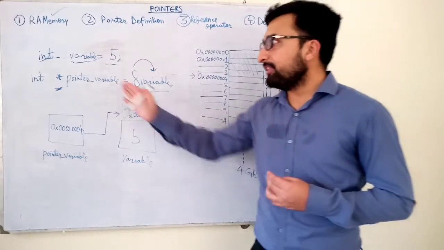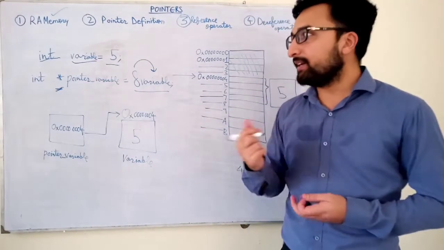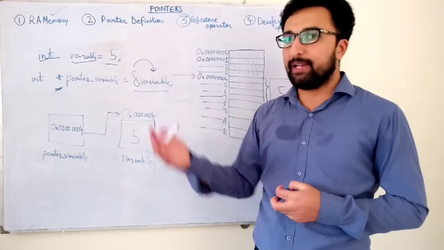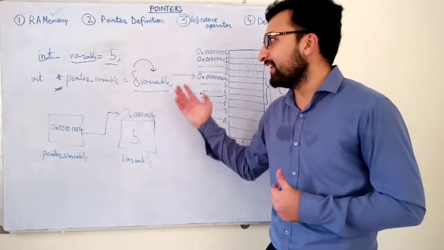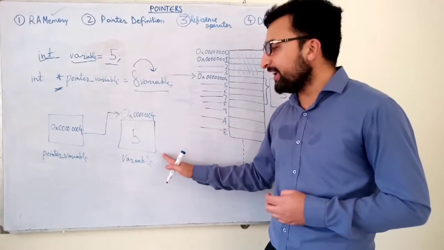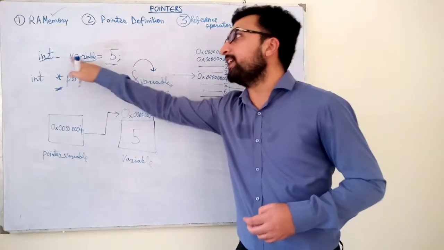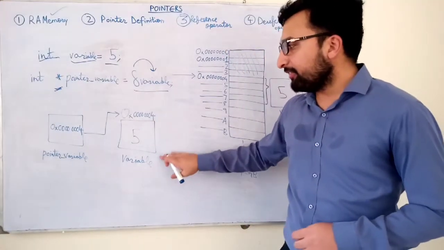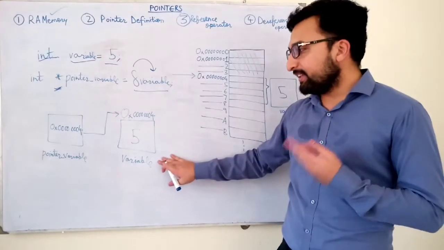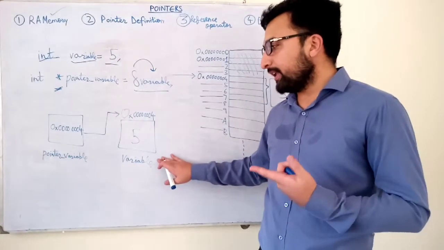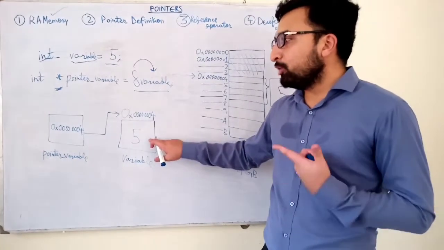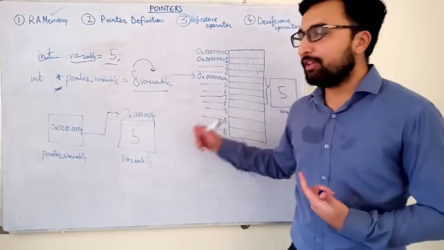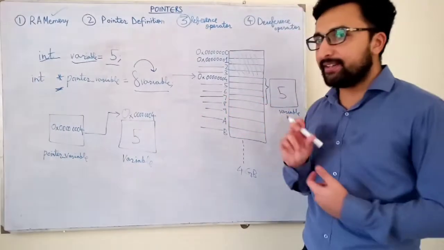So I have named the variable here and the pointer variable here for better understanding. So here we have a variable. When we write this line of code, we have a variable whose name is also variable here. It has a certain value 5, and it has an address. We know that in RAM it is stored at a certain address.